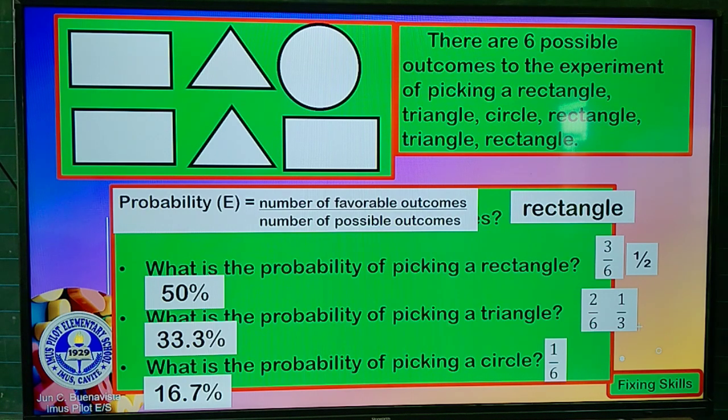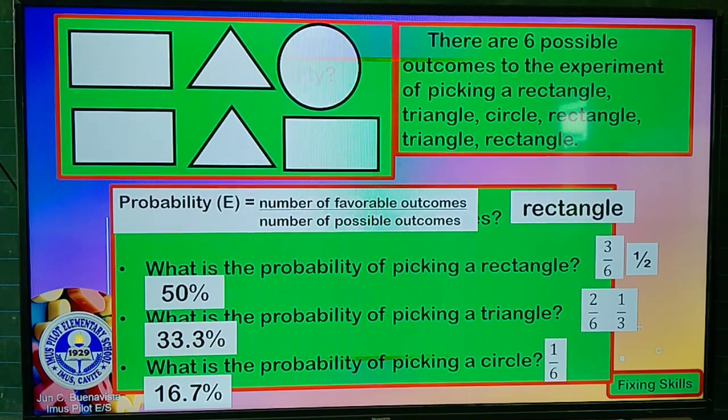So again, the formula equals number of favorable outcomes over number of possible outcomes. In every probability, your answer must be in fraction form.